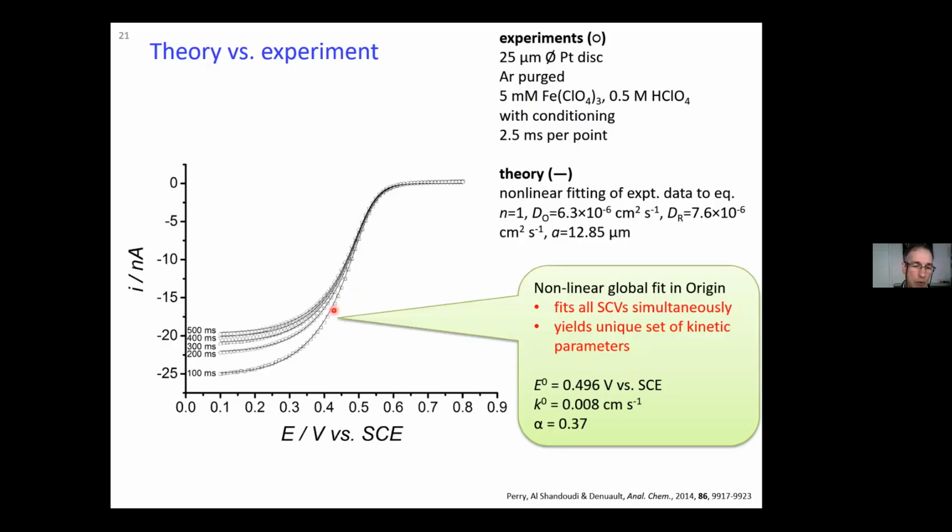So the symbols correspond to the experiment, and the lines correspond to the theory fitted, where we fitted all the sample current voltammograms at the same time. So these correspond to different sampling times, so long sampling times and then short sampling times here.